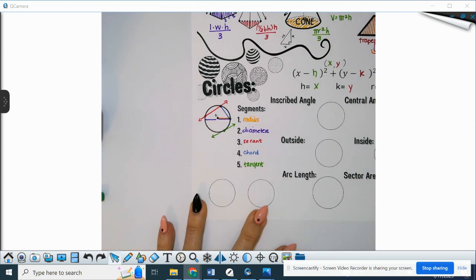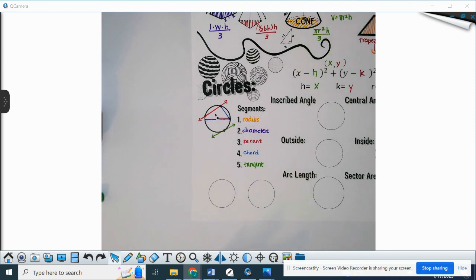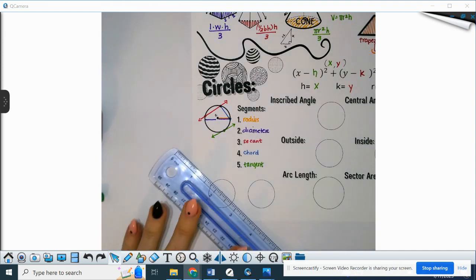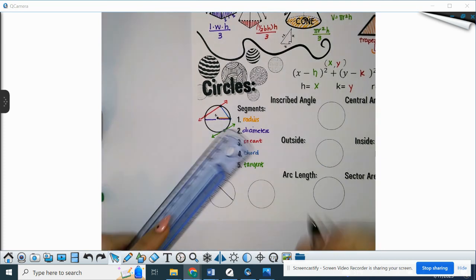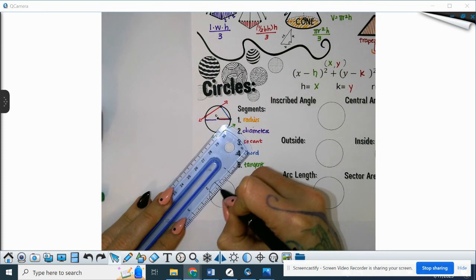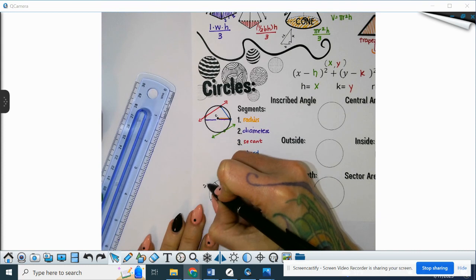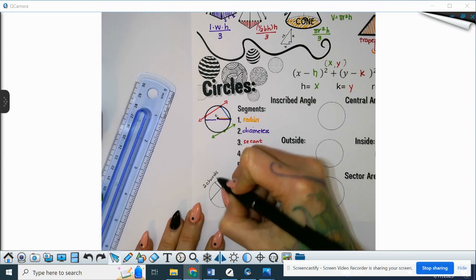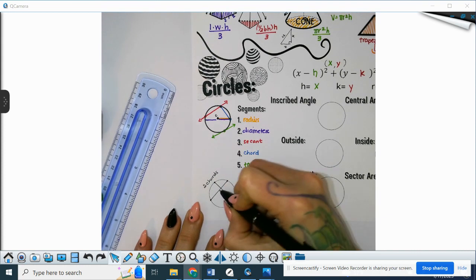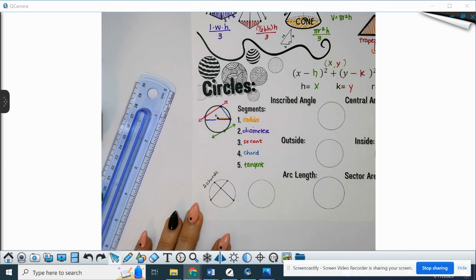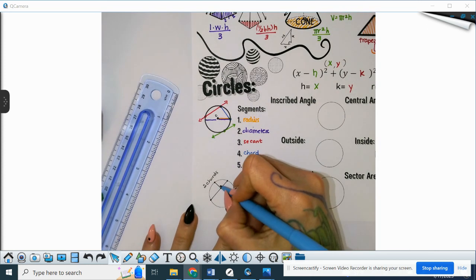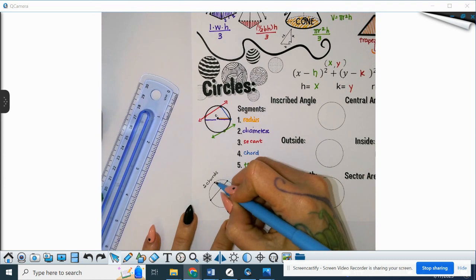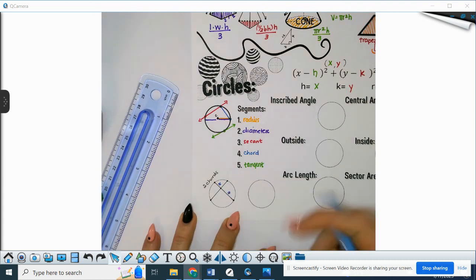Now, these segments we were using for segment length in a circle. There are actually three types. We have one that has two chords, and they intersect inside the circle. And we're looking at the length of the segment. So we have X, and this line continues this way and finishes itself.